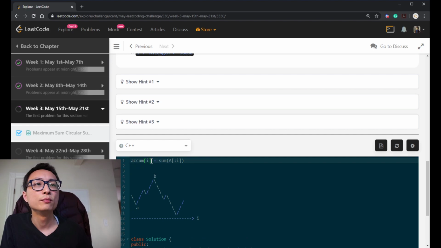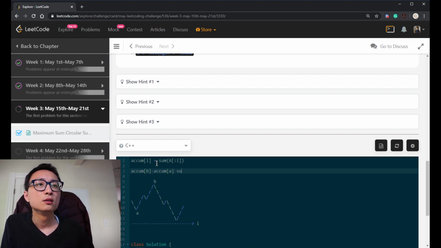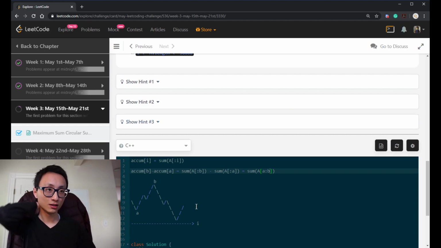You know that cum B subtracted by cum A is the sum from the beginning up until B, subtracted by the sum from the beginning up until the location A, which is equivalent to the sum of the subarray from A to B. That's pretty much this height difference between A and B.